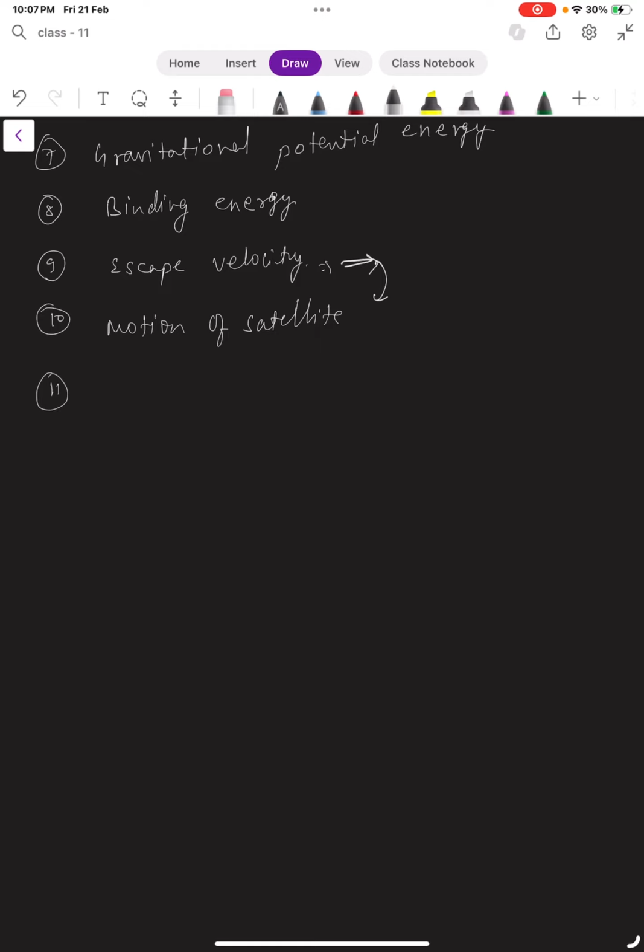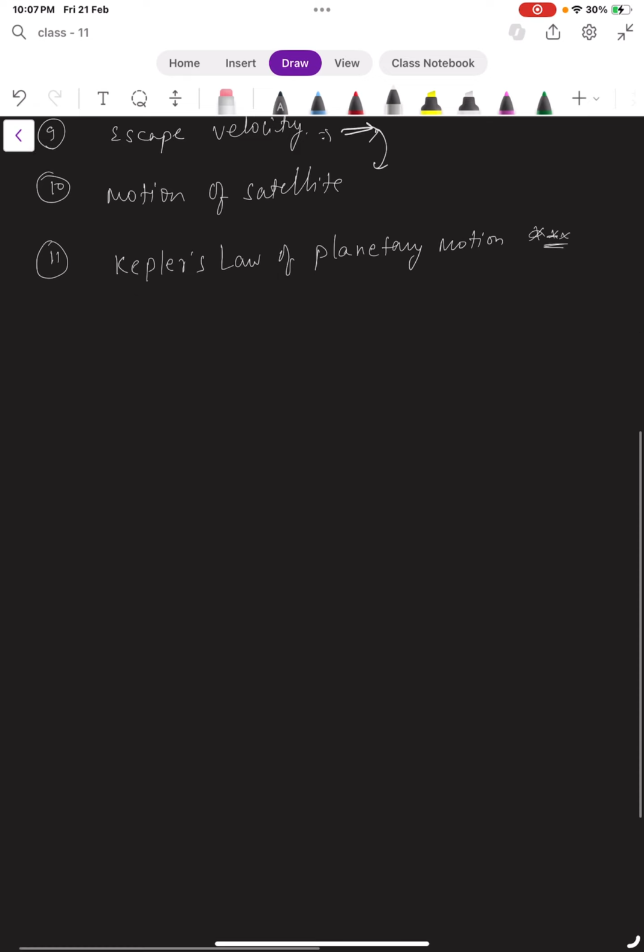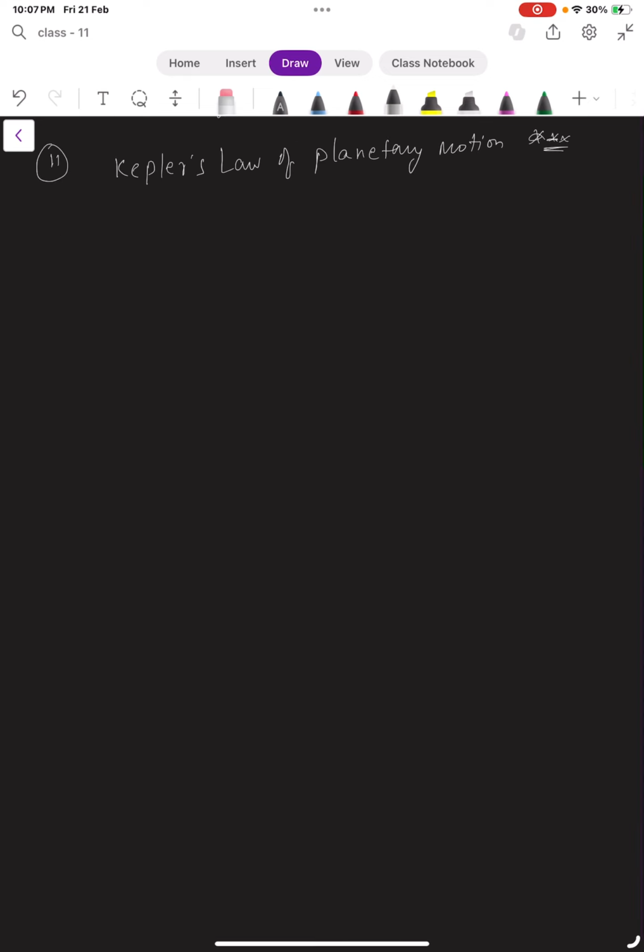And the next most important topic is Kepler's laws of planetary motion. This topic is also like a star mark topic, and many questions were asked from it in previous years. All laws are important, as you all know.